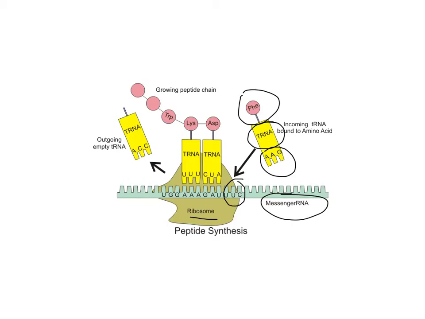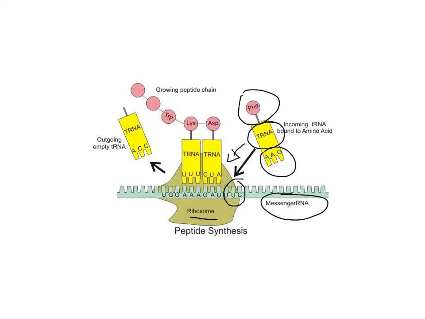In this example, we've got AAG binding with UUC. It's still RNA, it's not DNA, so we've got those 4 bases that are found in RNA, A, U, G, C.